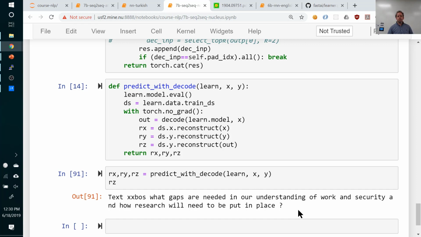I guess, how much does that relate to the temperature, like how much randomness you inject at each step? How much can that help with it? Yeah, so I guess that's another way you can do it, doing multinomial sampling, where you select from the full set with a probability based on the p-values of the softmax.